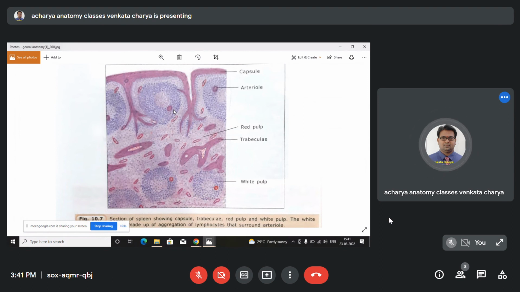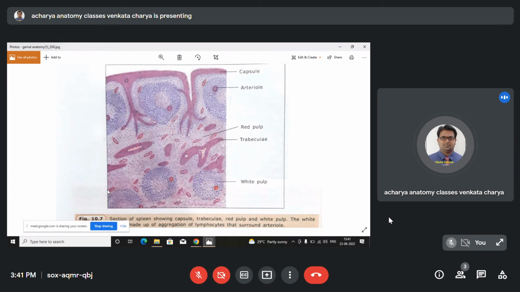The capsule is present, and capsular extensions are called trabeculae. Subcapsular sinus is absent here. A lymph node has a subcapsular sinus, but in the spleen it is absent.